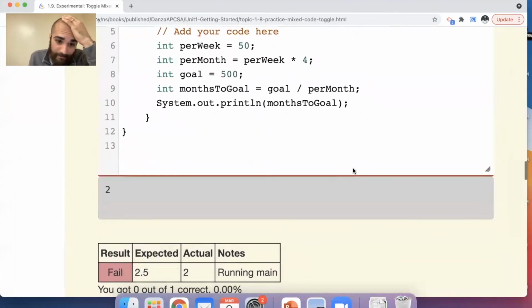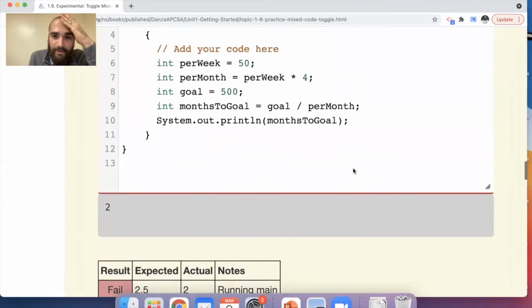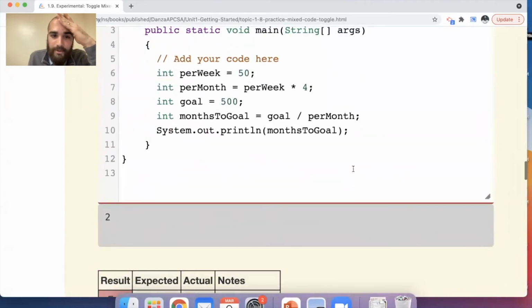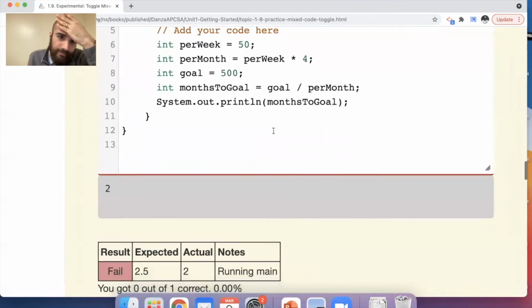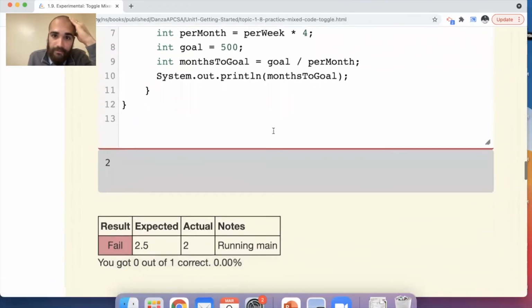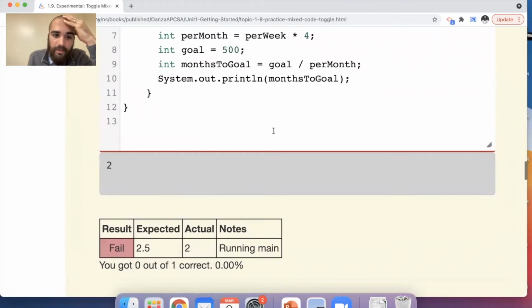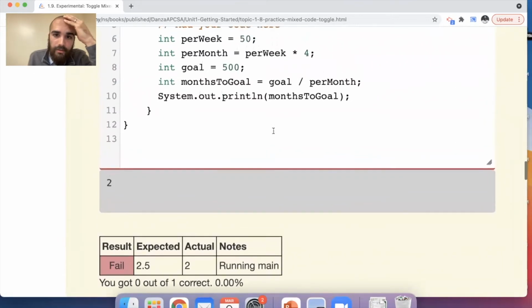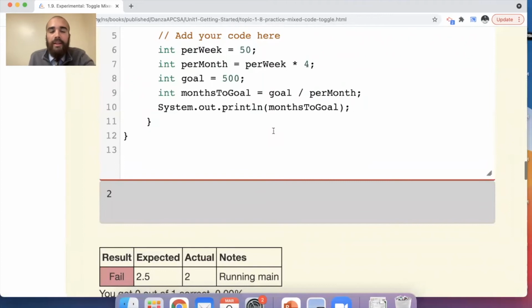Oh man. It says expected 2.5. The actual was what's that? So yeah, it's casting it in.